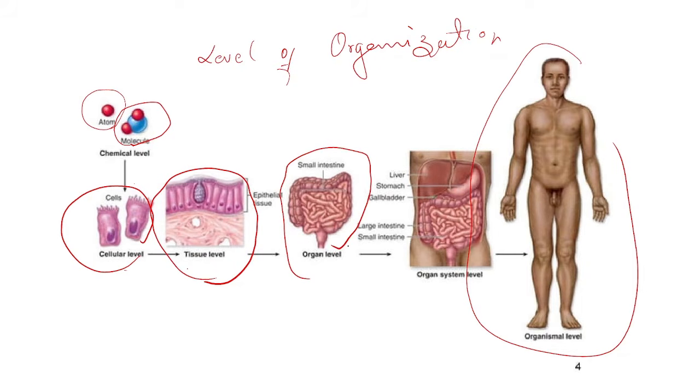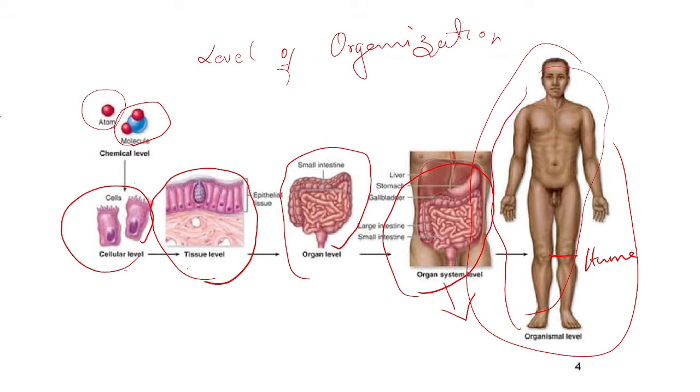Different types of organs joined together are called an organ system. Then different types of organ systems combined together are known as an organism. Not organization, this is organism, or human, like this.